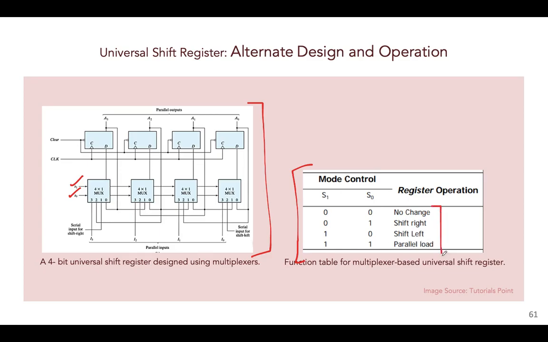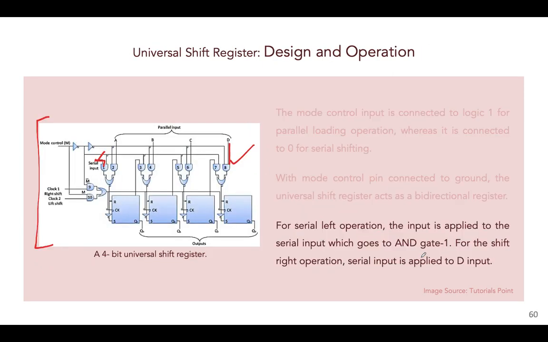So these are basically the same operations that were being performed here as well. It's just a matter of how you choose to control these operations. All you have to understand at this point is a universal shift register is capable of doing 3 things: left shift of the data, right shift of the data, and parallel loading.